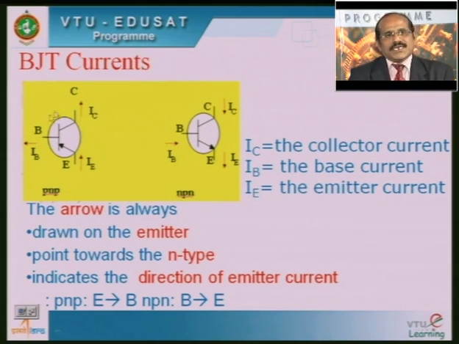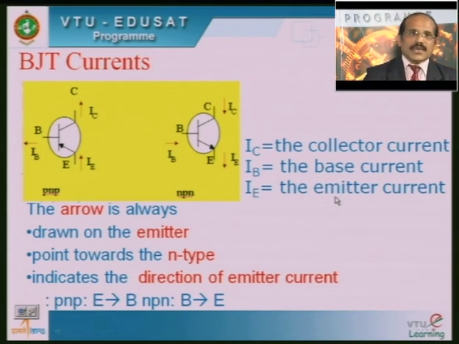As far as the BJT currents are concerned, you can see that this is the symbol of the PNP transistor, whereas this slide also shows the symbol for the NPN transistor, where IC is the collector current, IB is the base current, and IE is known as the emitter current.